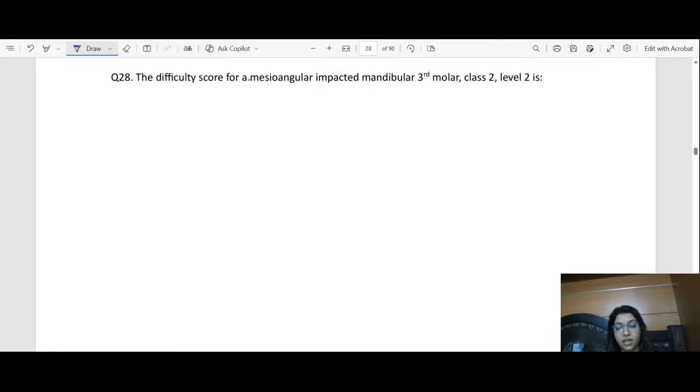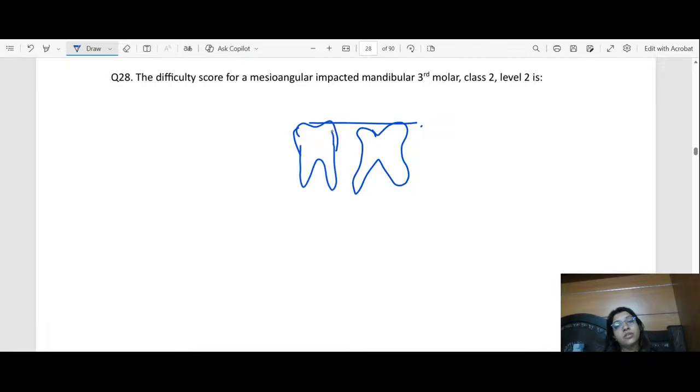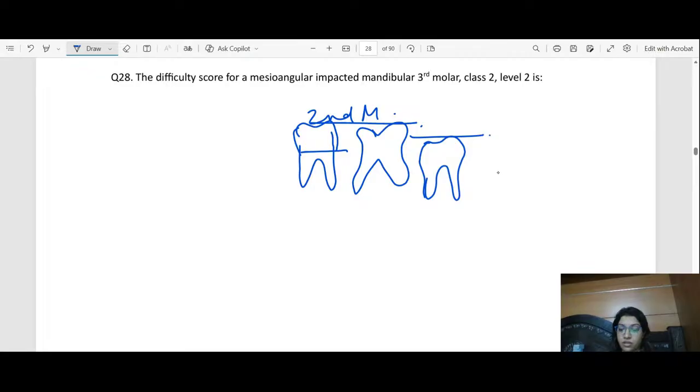Position A, B, and C. A is the highest position of the tooth lies at the level of the occlusal line or above it, of the second molar. Then position B is highest position of the tooth is below the occlusal line but above the CEJ. And the third one is it lies below the CEJ. Okay.